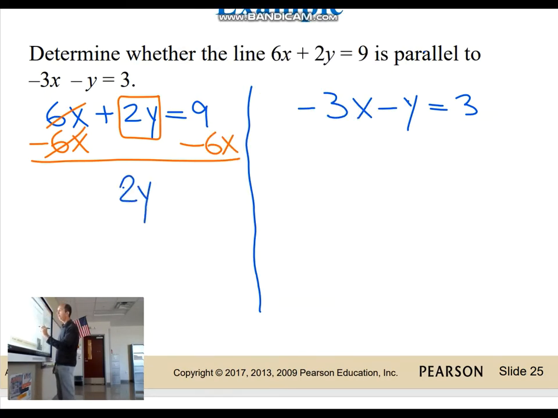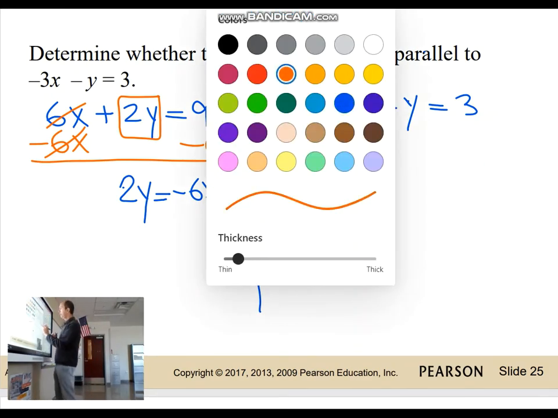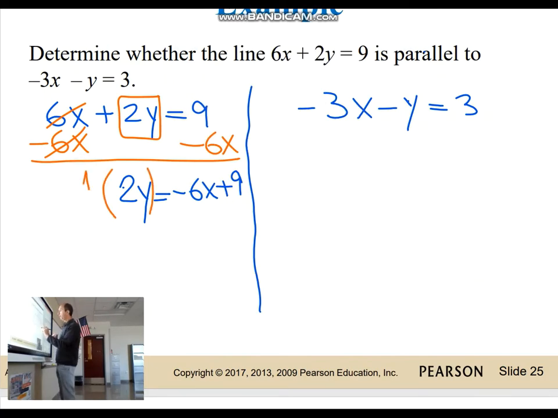So 2y equals -6x plus 9. Now we can apply the multiplication property of equality and multiply both sides by 1 over 2.